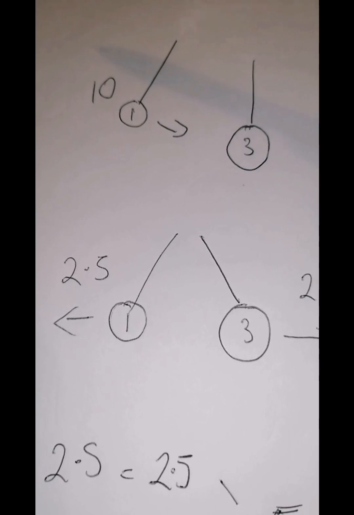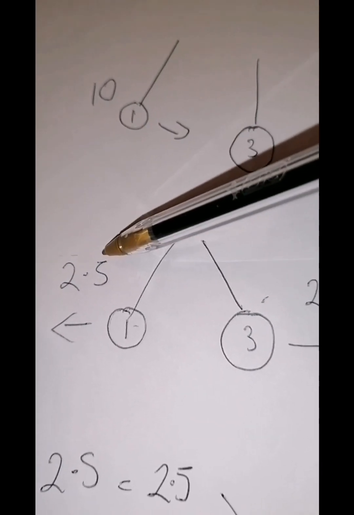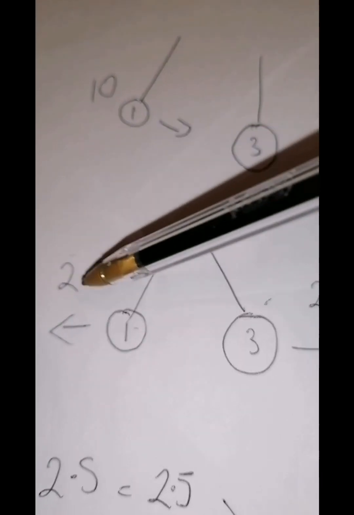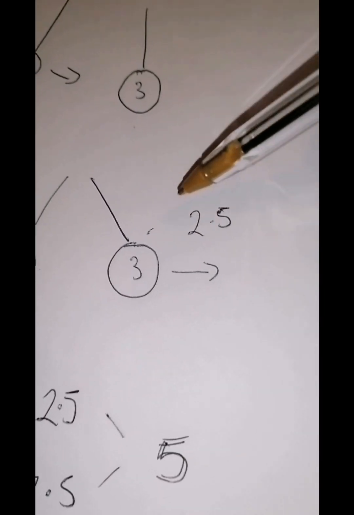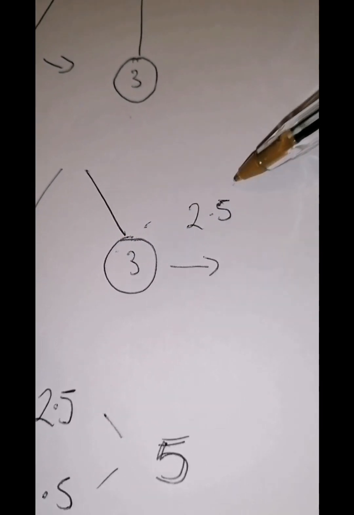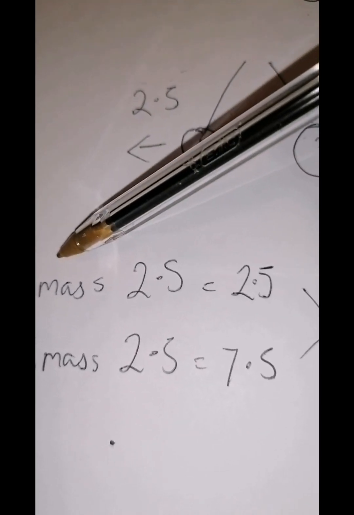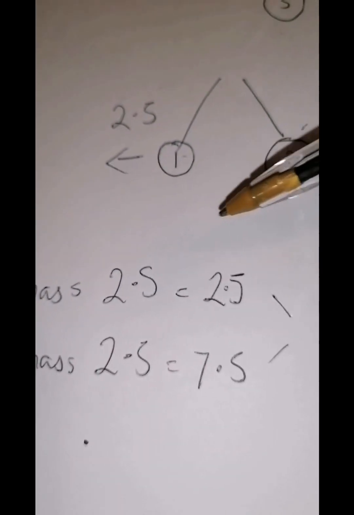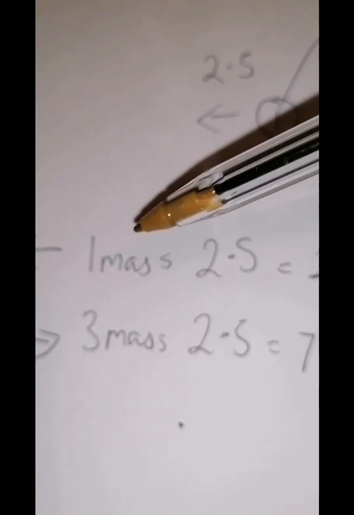You're saying after collision that both objects will move with 1/4 of the initial velocity. So the one mass will be going in this direction at 2.5, and the three mass will be going in this direction at 2.5. So we've got the one mass times the velocity, 2.5 going in this direction.